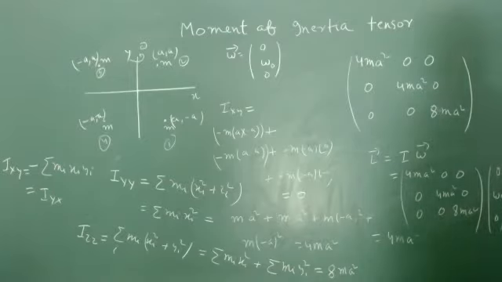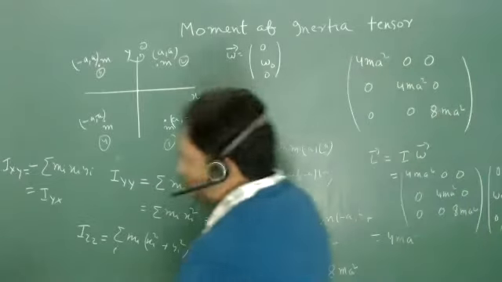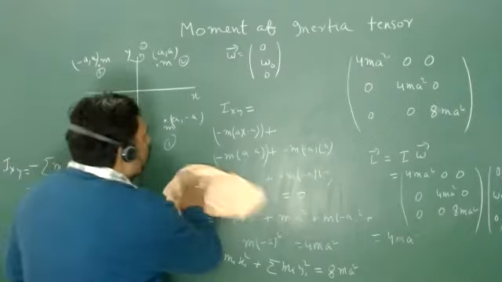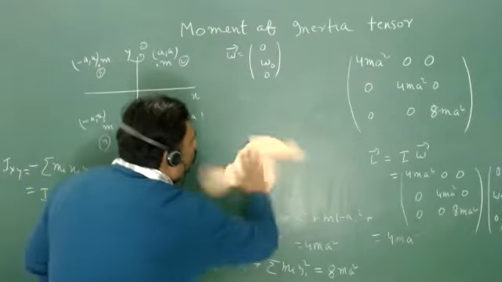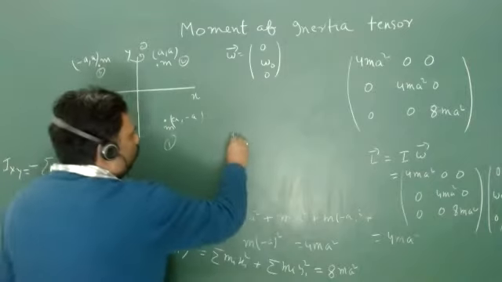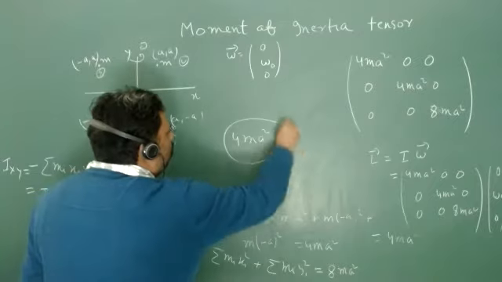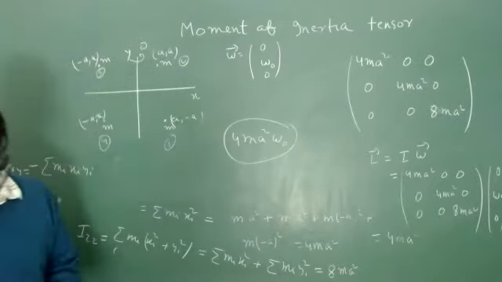So what is this value? What is angular momentum? Angular momentum is basically 4 ma square omega naught. Very good. This is your angular momentum.